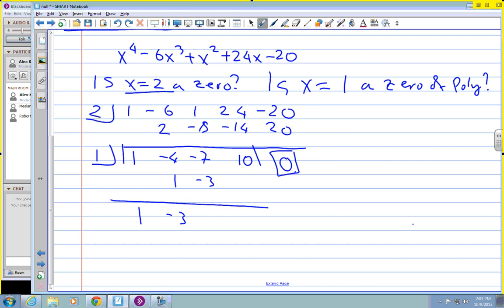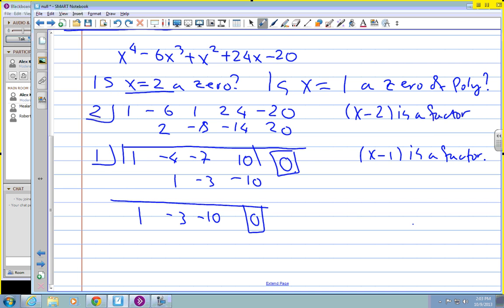What do we get? Negative 10. We get negative 10, so we get a 0. So that means x minus 2 is a factor over here, and also x minus 1 is a factor.